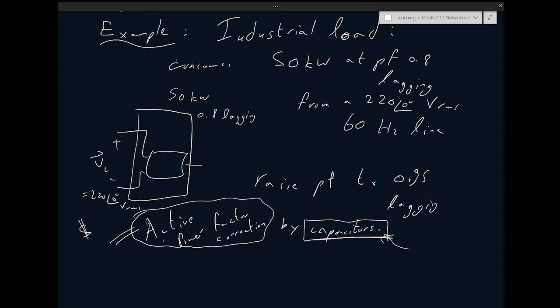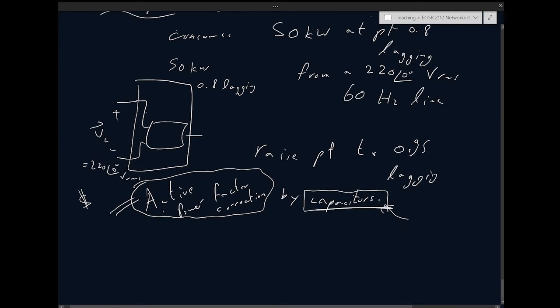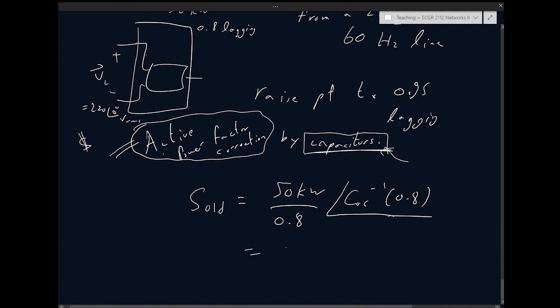By now you should know the steps. So when I raise the power factor, what's S old? The old apparent power is the magnitude of S old, which is 50 kilowatts over 0.8. We just take the real power over the power factor, and then the power factor angle is cosine inverse 0.8, and that gives me 62.5 at 36.87 degrees kVA. I'm taking more significant digits here so that I get more accurate results.